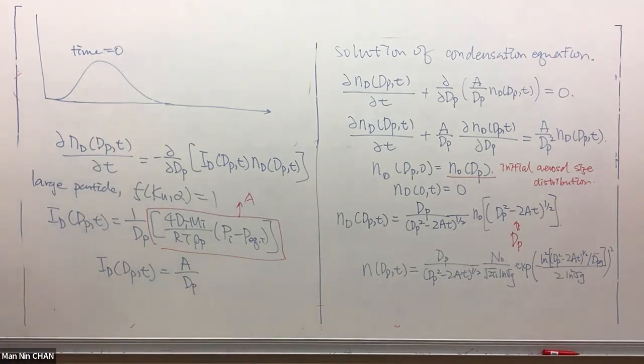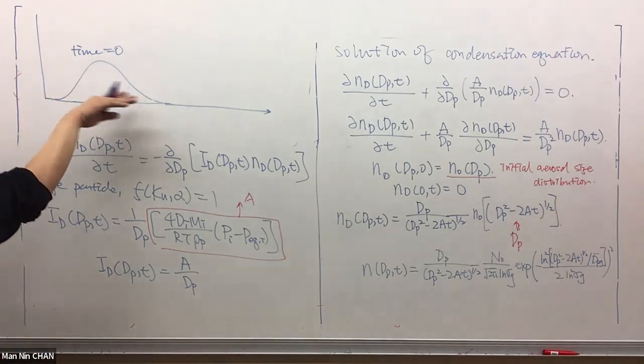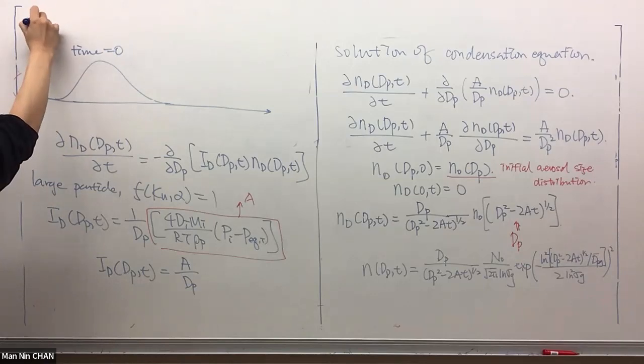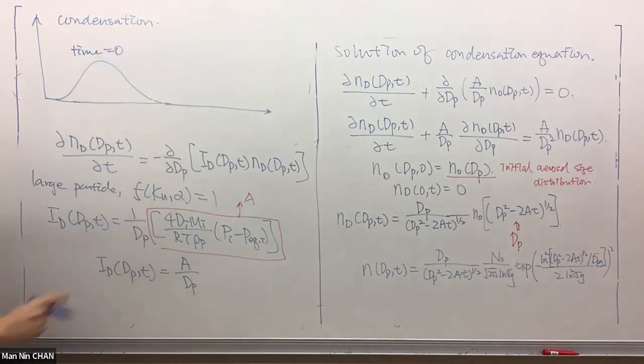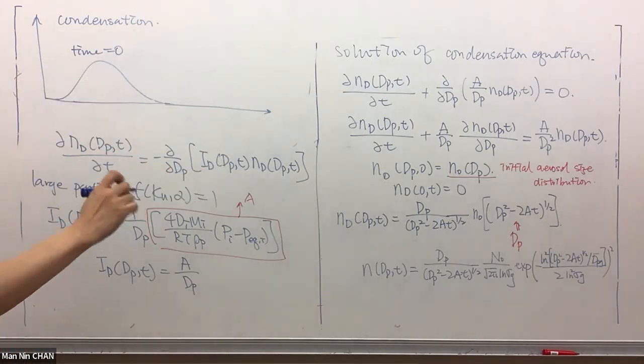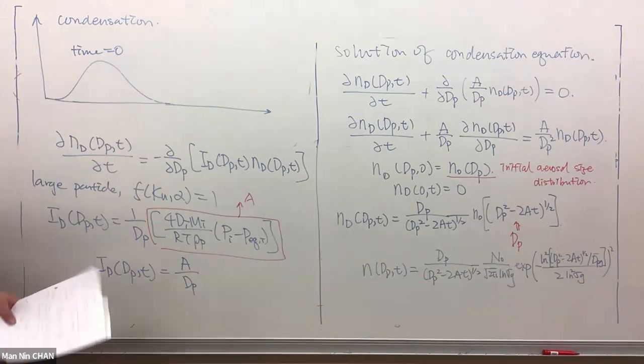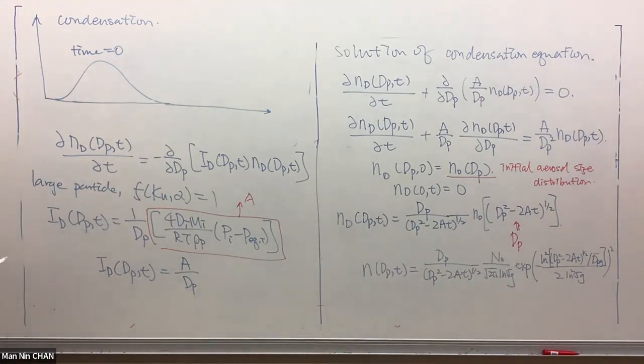What will happen to this aerosol population if you have this kind of condensation? Of course we know that when you have condensation, your size will increase, so you should shift to your right hand side.